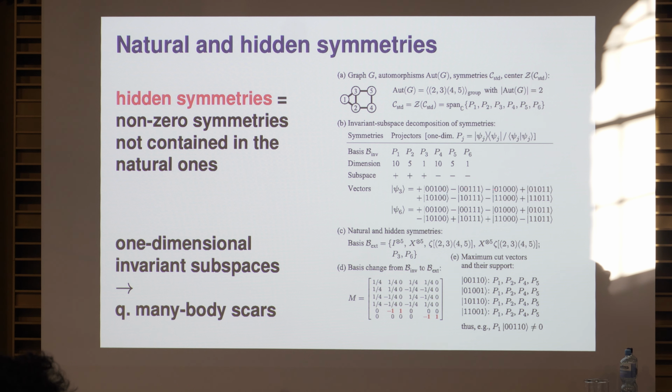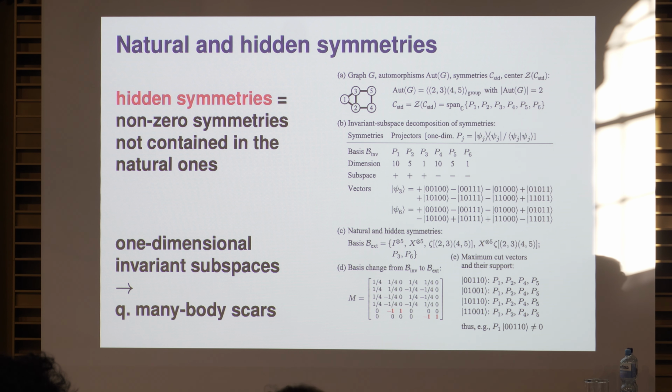And this is the parity superselection rule. So the first three are in the plus and in the minus block. And for the one-dimensional ones, these are the corresponding vectors. And then I repeat here all the symmetries, the natural ones, plus P3 and P6, which then build all the symmetries.